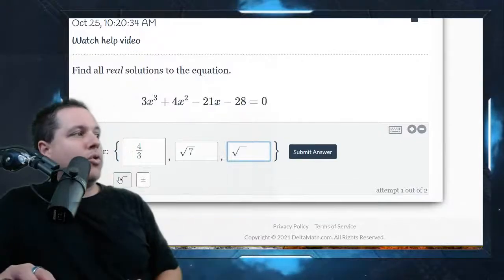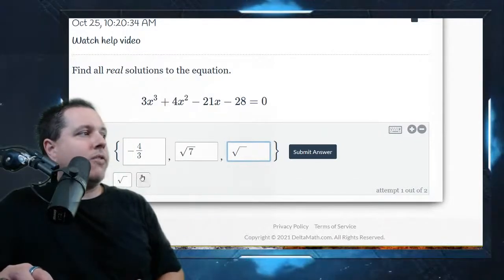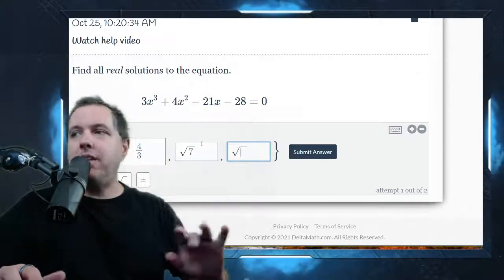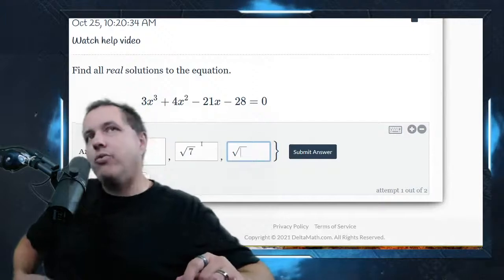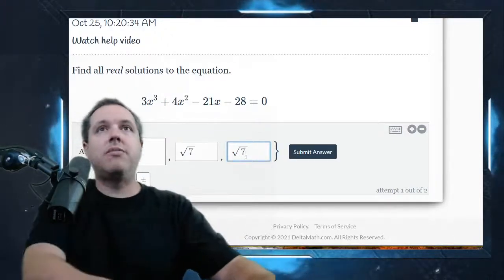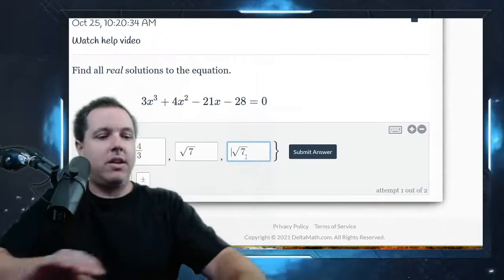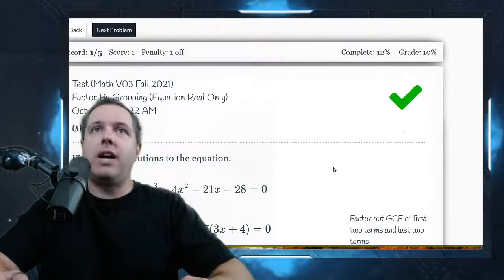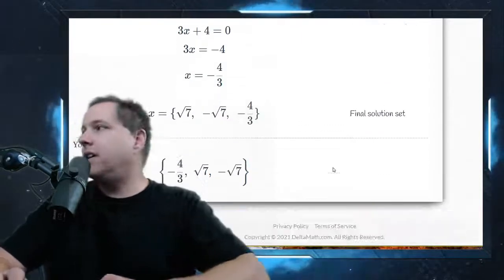You have a little square root button right here, and you even have a plus or minus. You can do it that way if you want. If you hit the square root button, you get the square root sign, and if you type SQRT, you get the square root symbol. So they both work that way. And then if I put 7, except this needs to be negative, we got it.